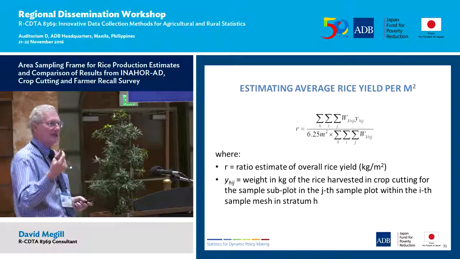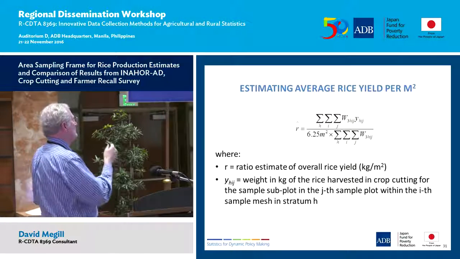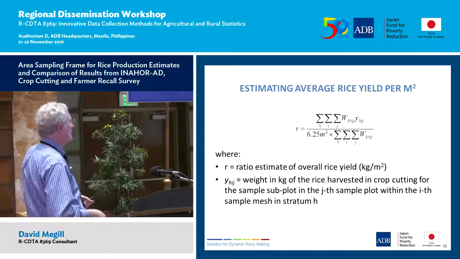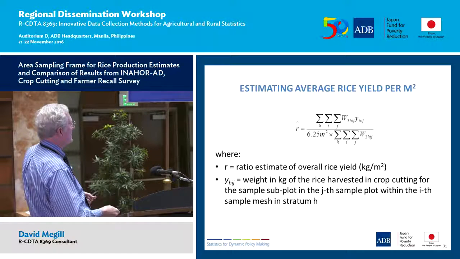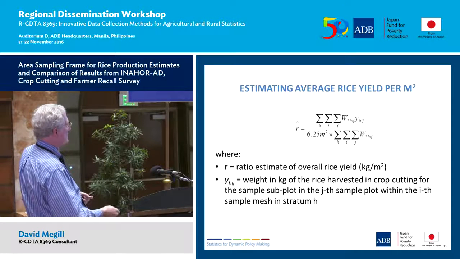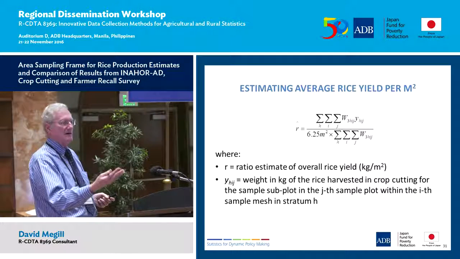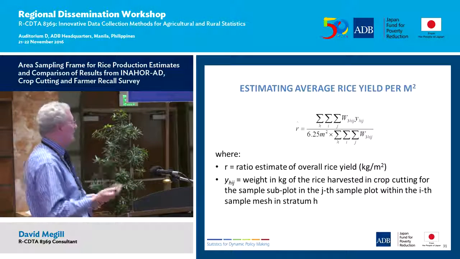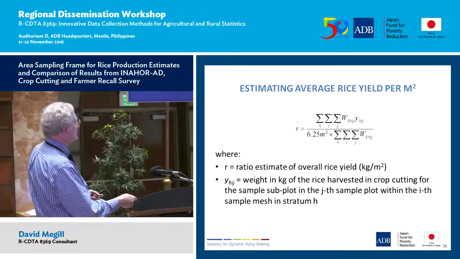Okay, now how do we estimate the actual yield in terms of kilos per meter square, okay? Now, we saw the weight of the subplot previously, okay? So we use that weight and multiply it by the kilos of rice paddy that were harvested in that particular subplot. So it's the weight times the production in the subplot.